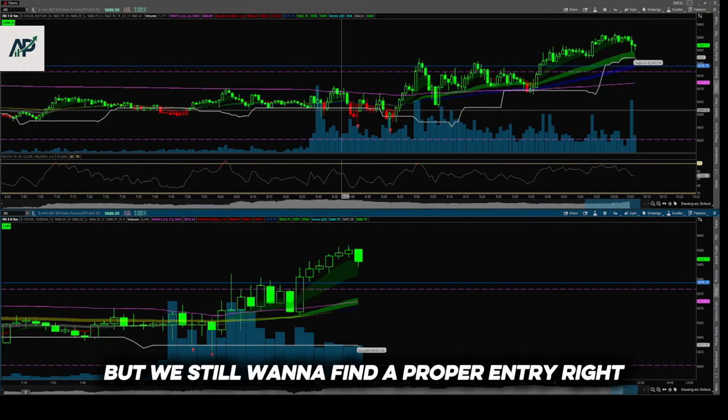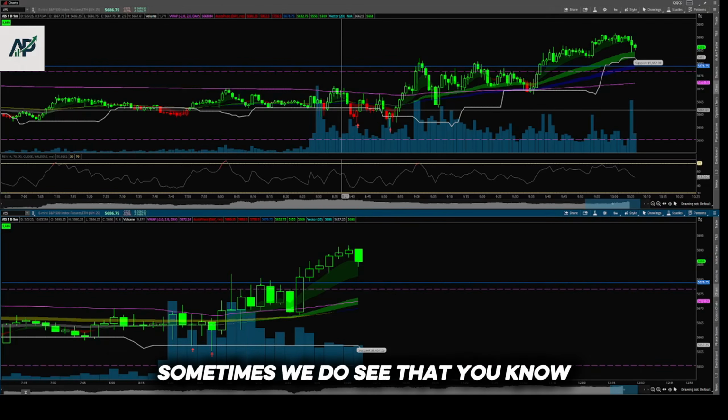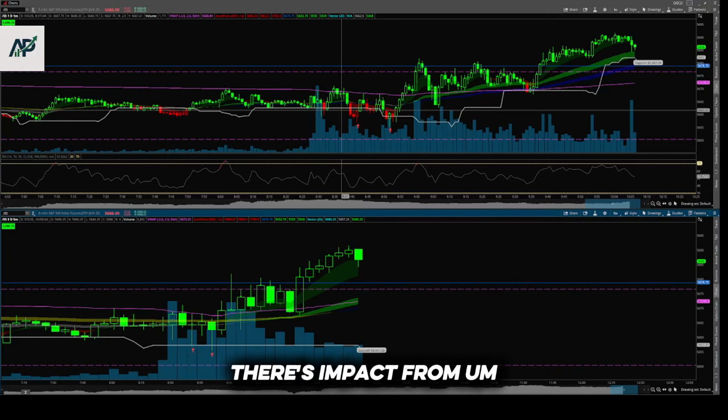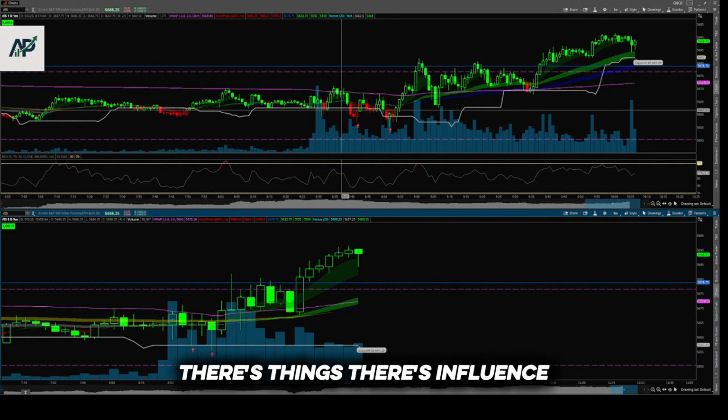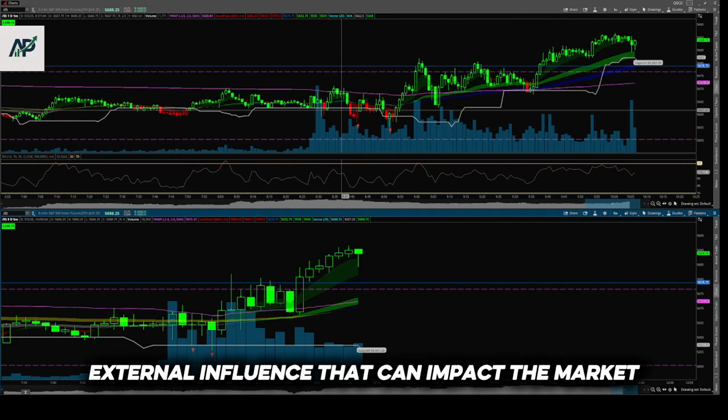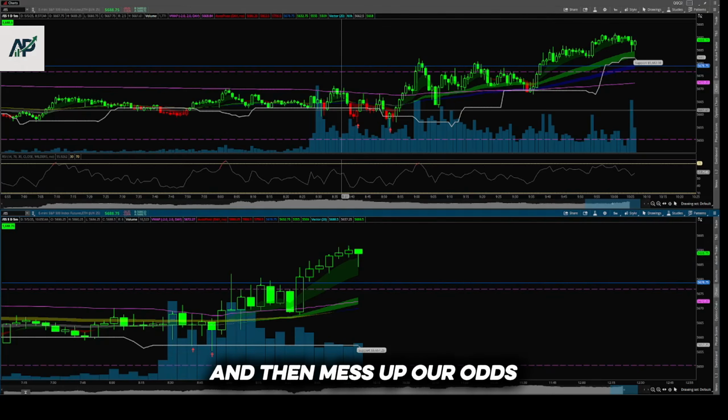But we still want to find a proper entry. Sometimes we do see that there's impact from outside events, whether it's economic or geopolitical, external influence that can impact the market and then mess up our odds.